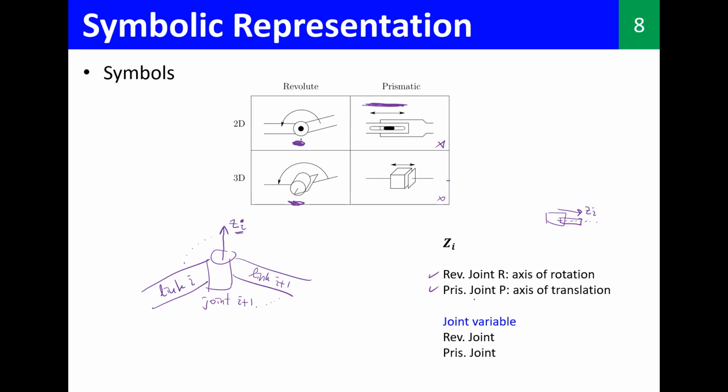Let me write it here, because we are talking about an angle of rotation, so we are measuring some angle theta. And when it is a prismatic joint, we have a change of distance. We will use d for distance, and that is basically some translational distance. I hope you understood that. So we'll move on to the next one.